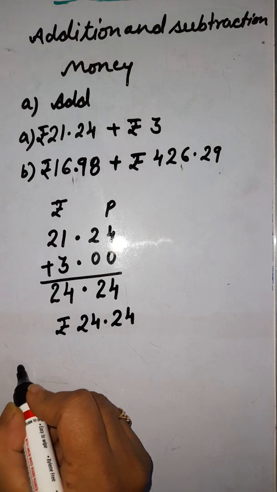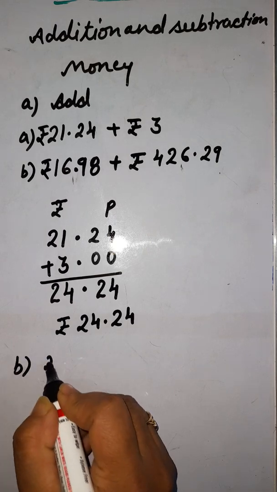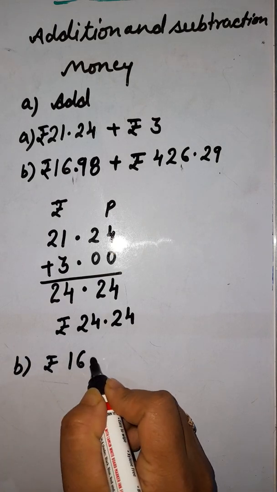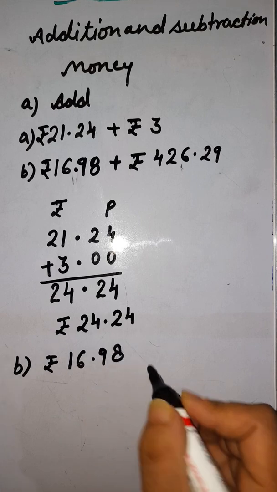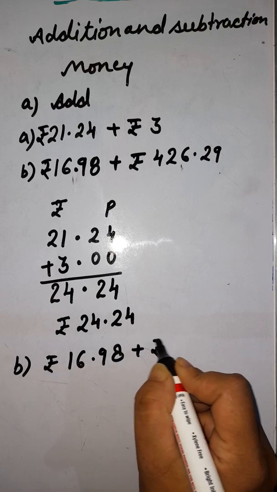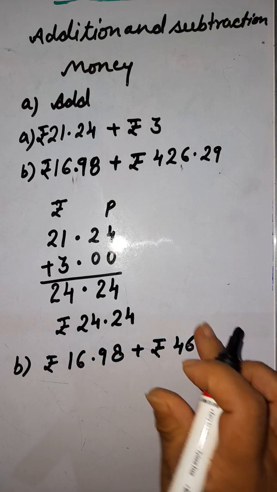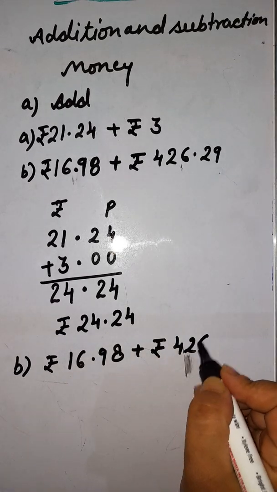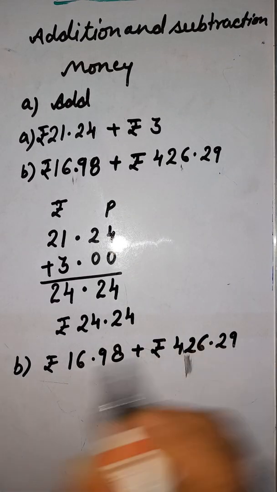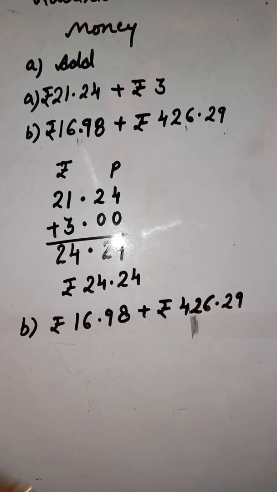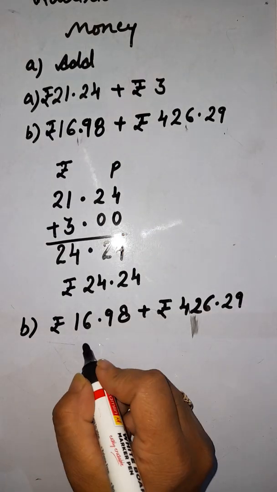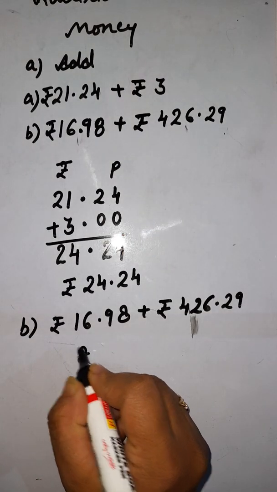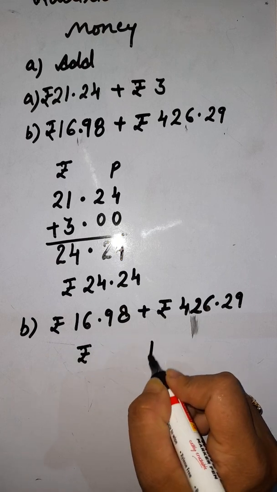Now another example is rupees 16.98 plus rupees 426.29 paise. First we'll separate the rupees column and paise.